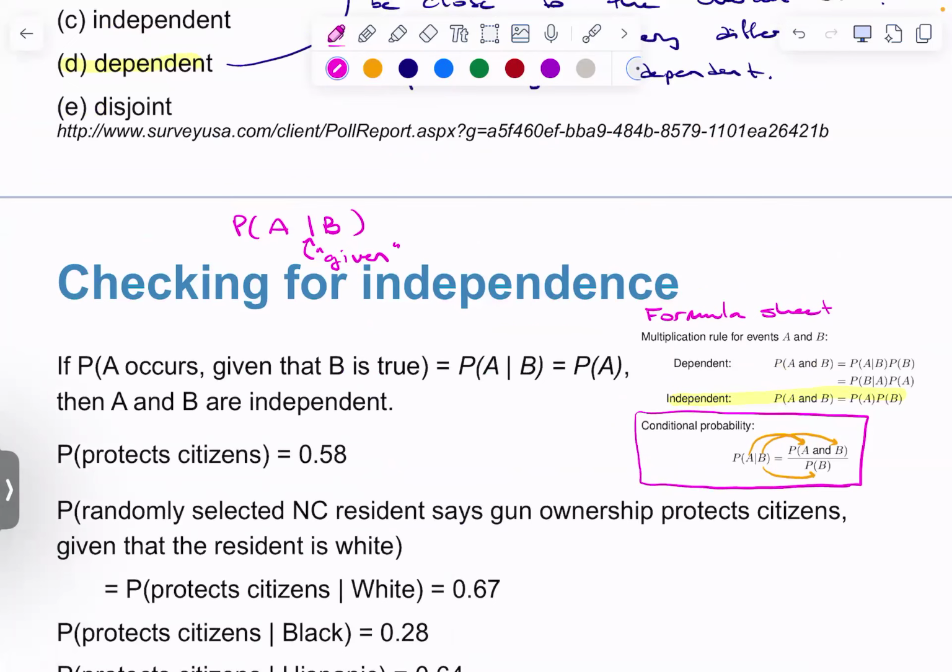So the probability of A given B is the probability of A and B divided by the probability of B, sorry.